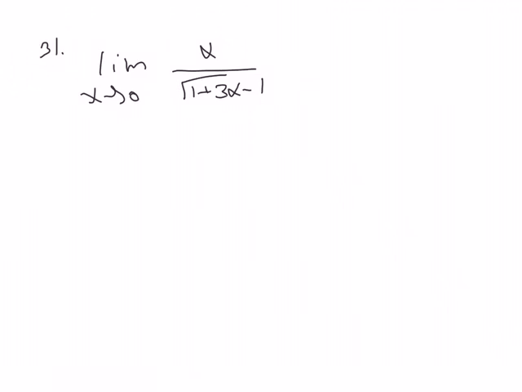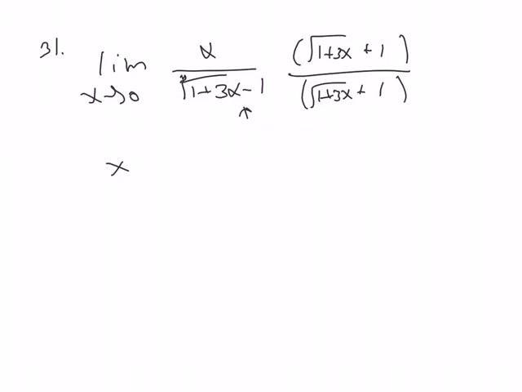Let's multiply the bottom and the top by the conjugate, which will be square root of (1 plus 3x) plus 1. So we can get rid of the square root in the bottom. This is going to give us x times (square root of (1 plus 3x) plus 1).